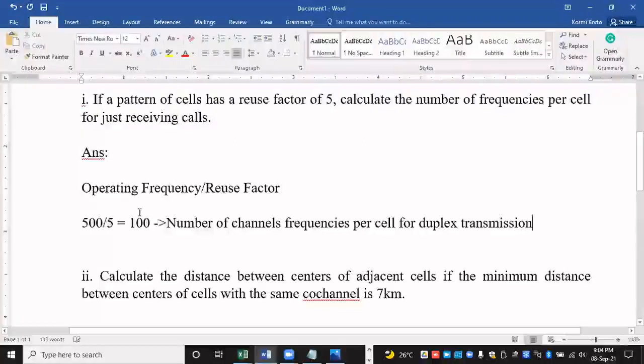So you actually have 100 channel frequencies per cell for duplex transmission.